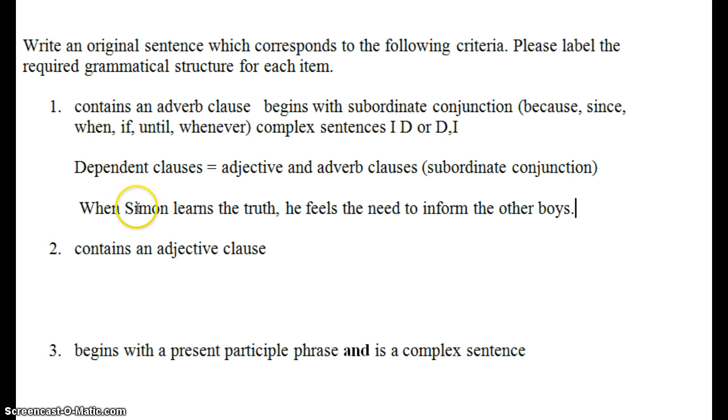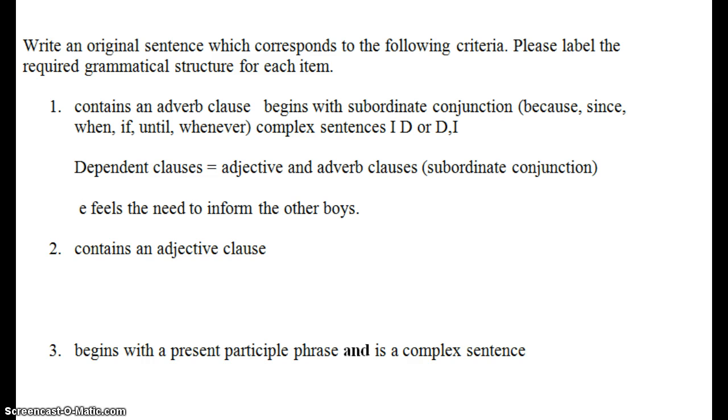This is our dependent clause, and since it begins the sentence, we want to have a comma after it. And here's our independent clause: he feels the need to inform the other boys. As mentioned before in class, if we get rid of the dependent clause or the adverb clause, what is left is an independent clause or a complete sentence. So that could be a sample of the first one, the adverb clause.